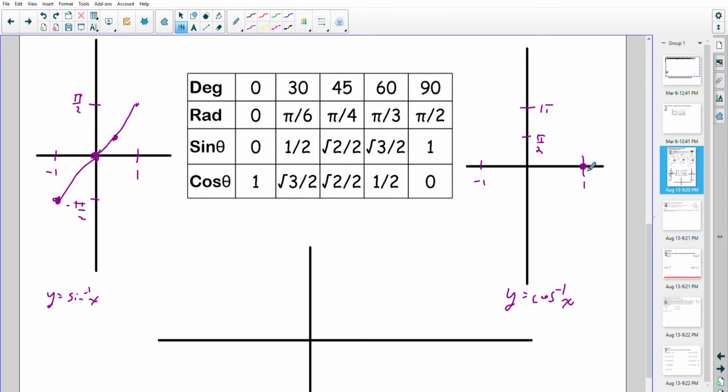So you're starting here. And furthermore, pi over 3, 1/2 means 1/2, pi over 3. It looks like it's right up here. And 0, pi over 2 is here. So the first part of this actually looks like this.